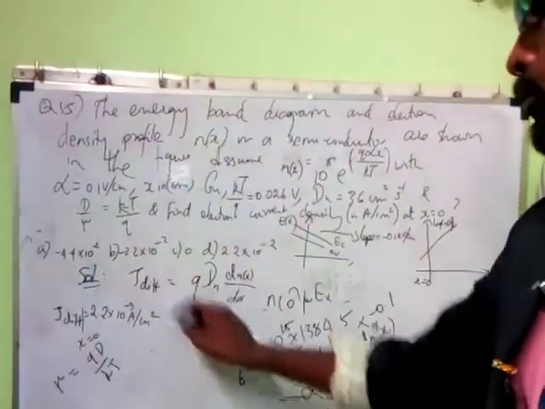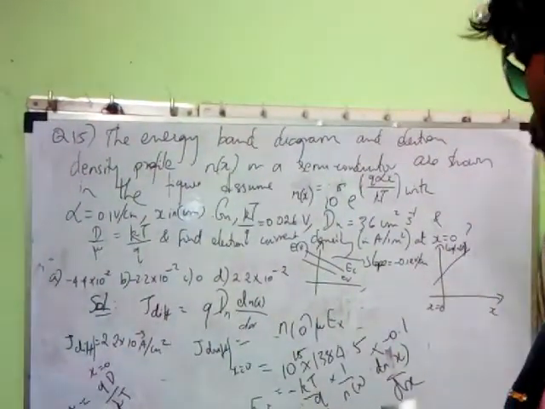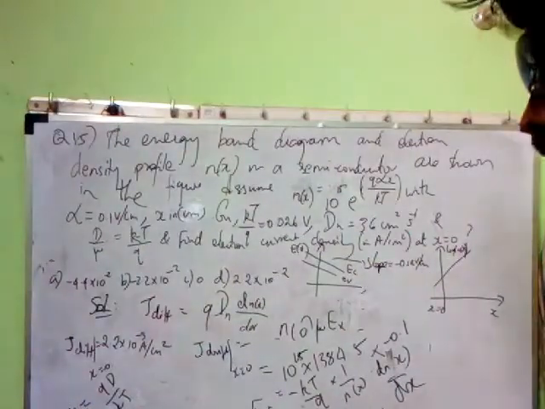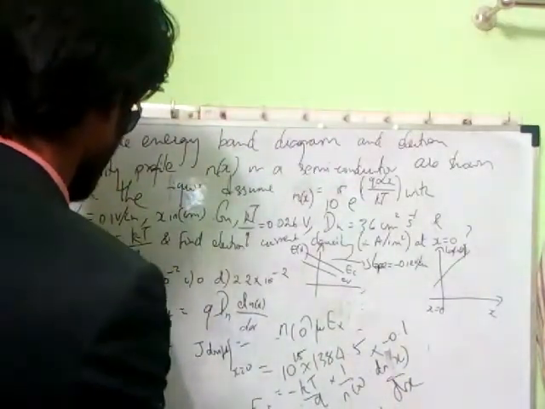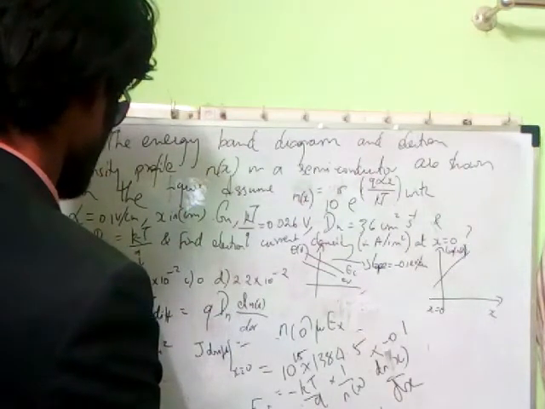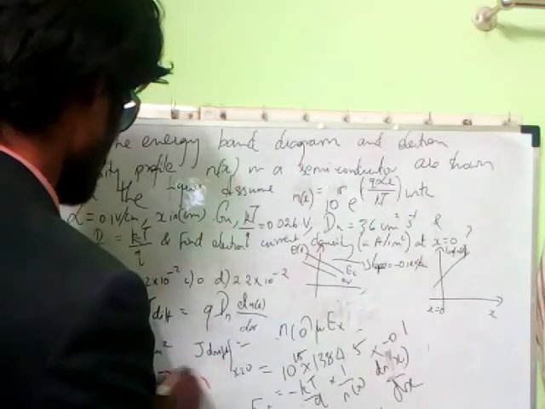So what is the total J? J diffusion plus J drift. Right over here, I just write with some red pen so you can understand. J diffusion is already available, and you can have the value of J drift. J drift is equal to minus 2.2 into 10 power minus 3 A per centimeter square.